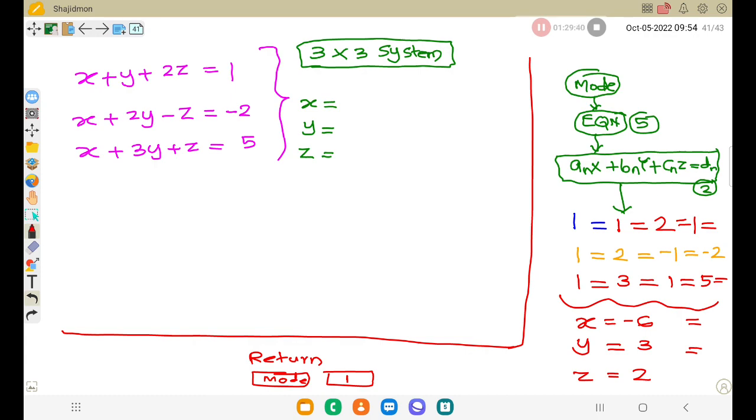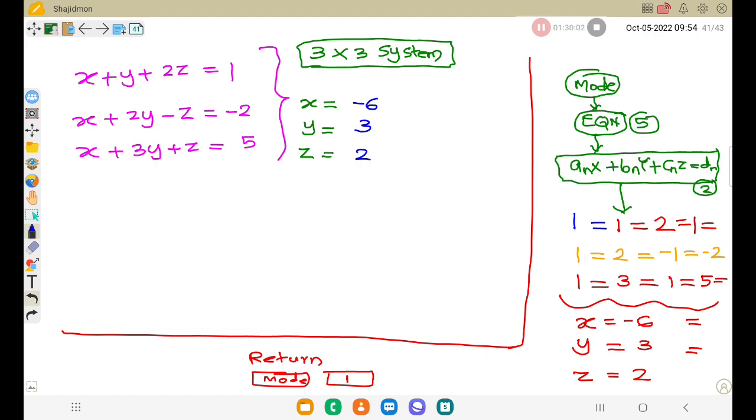If it is two variables, you can use number 1 on the calculator instead of 2. So I am writing the values here now: x value -6, y value 3, z value 2. If you miss some numbers, the answer will be different, so enter carefully.